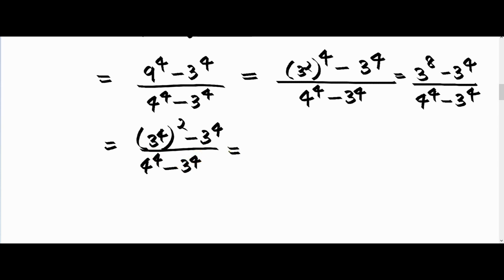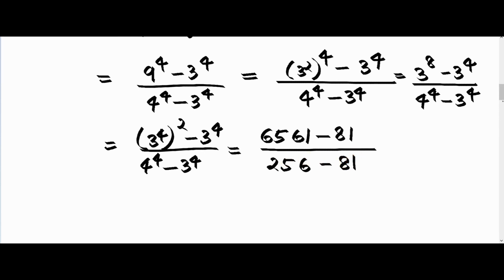Now all these things you have to do mentally or in rough calculation. You can directly write down the values of 9 raised to 4 minus 3 raised to 4. So this 3 raised to 4 will become 81, and 9 raised to 4 is 81 into 81, or 81 squared, which we get as 6561, minus 81, upon 4 raised to 4 is 256, minus 81.